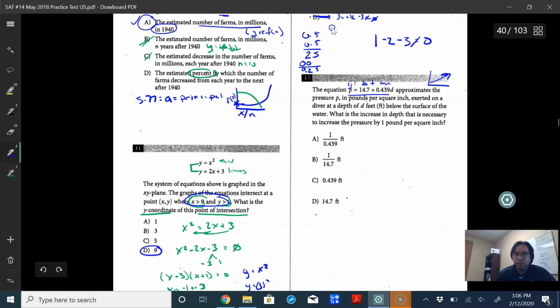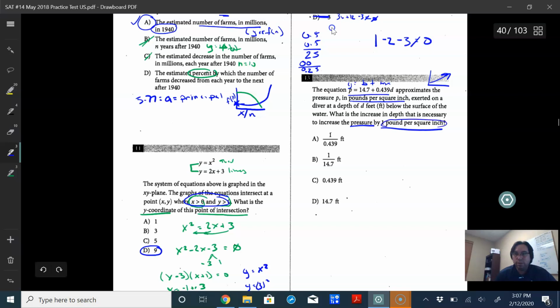So approximates the pressure P in pounds per square inch exerted on a diver at a depth of d feet below the surface of the water. What is the increase in depth that is necessary to increase the pressure by 1 pound per square inch? So remember, we had pounds per square inch up here and pounds per square inch here.